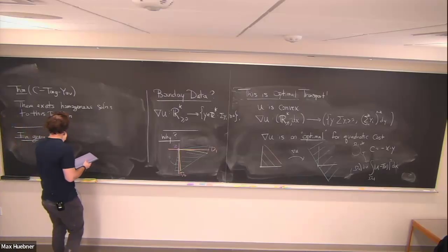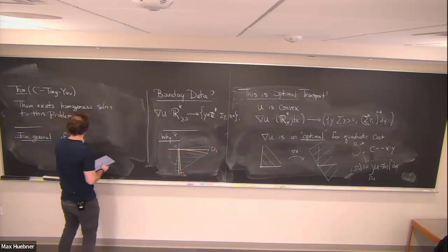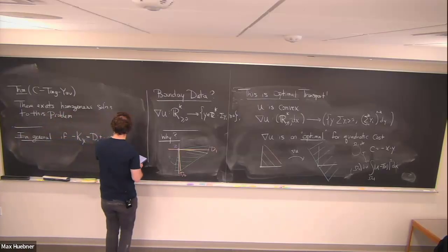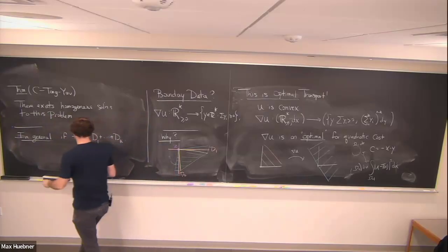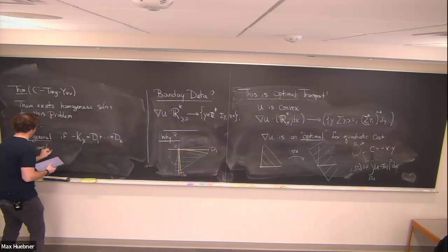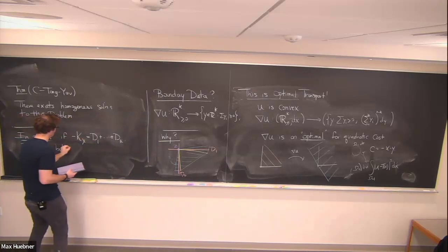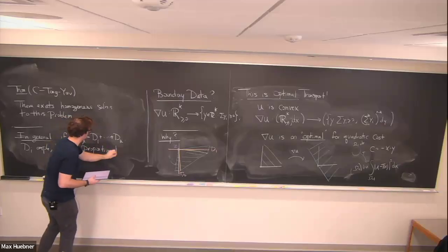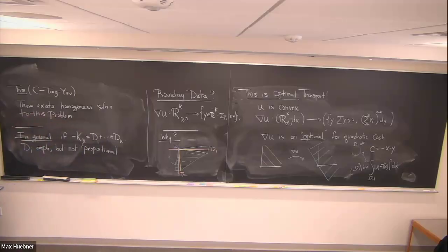So if minus K_X is the sum of a bunch of divisors, the D_i are ample but maybe not proportional, then you get another optimal transport problem.